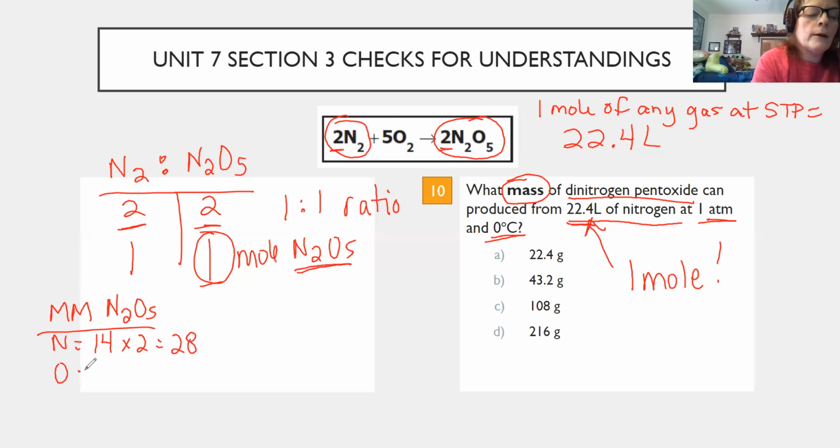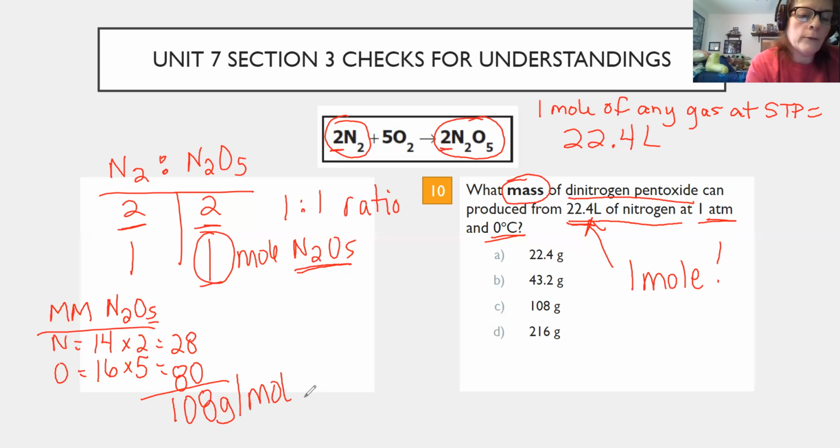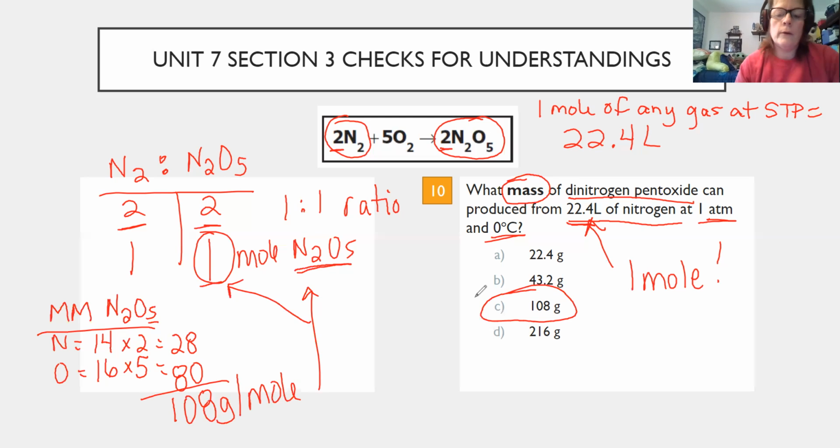Oxygen is 16 on the periodic table, and there are 5, so 16 times 5 is 80. When you add 28 and 80 together, you get 108 grams per mole. Since we're only dealing with 1 mole, 108 grams is our answer for this one.